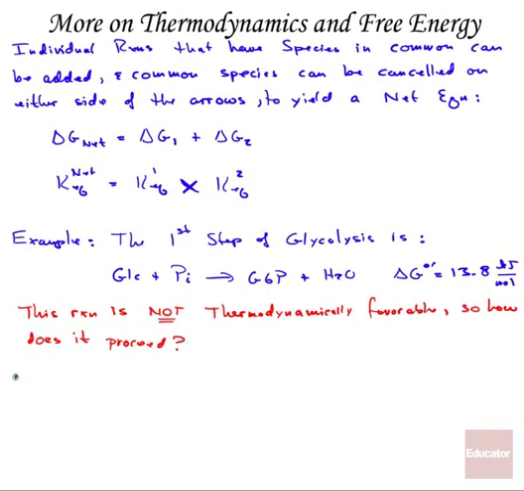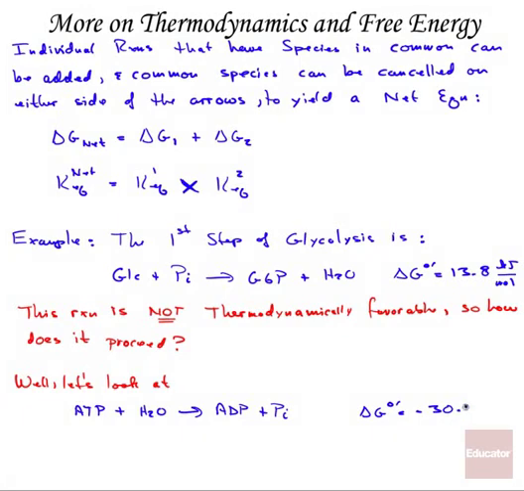Well, let's look at another reaction. Let's look at adenosine triphosphate plus water, so the hydrolysis of ATP to ADP plus inorganic phosphate. We've seen this one several times. The delta G for this is negative 30.5 kilojoules per mole.